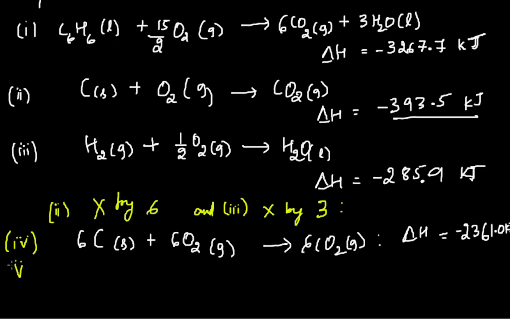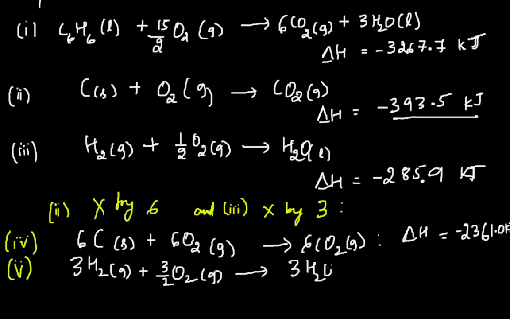And if you multiply the other by 3 times, it's going to be minus 857.7 kilojoules.